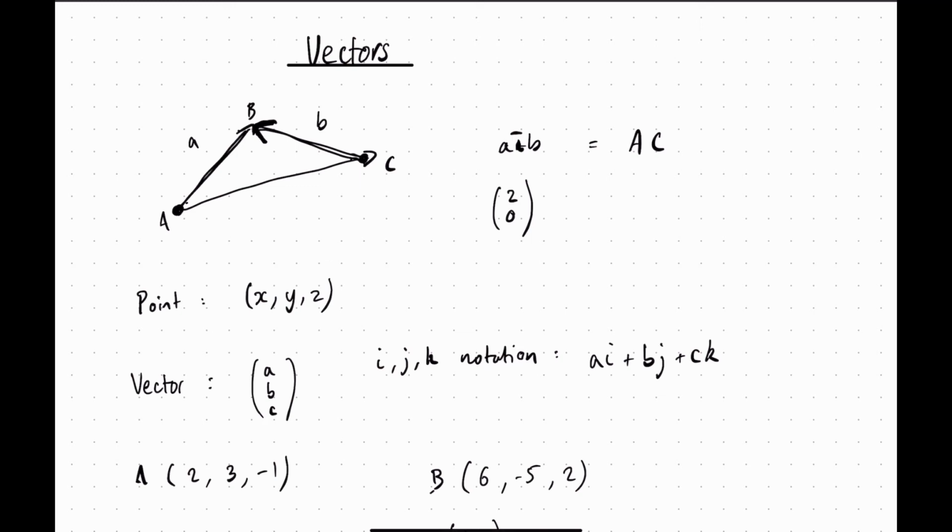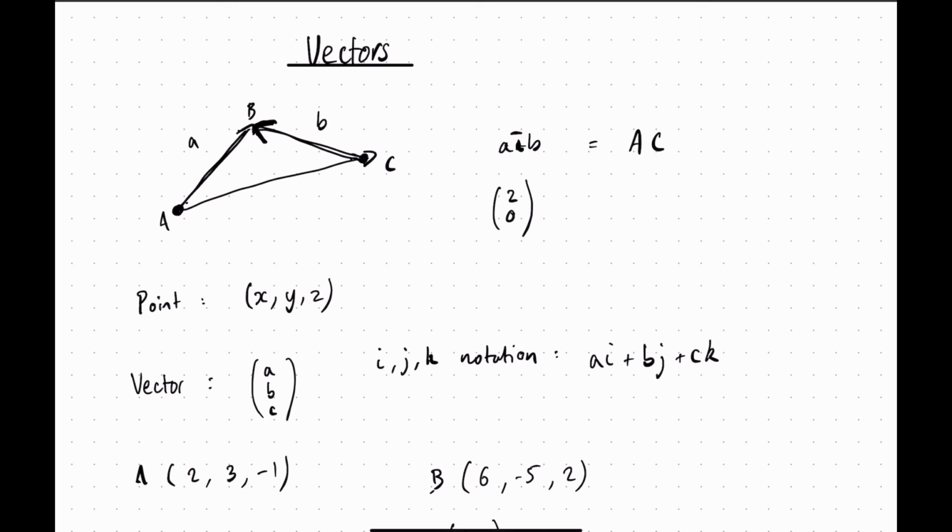Right. So, with vectors, we use I, J, and K to describe the direction. Okay, I is the direction in X, J is the direction in Y, K is the direction in the Z axis. Okay, we don't tend to use X, Y, Z. X, Y, Z refers to a point. I, J, K refers to a direction.